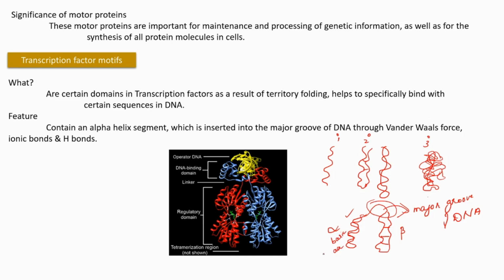Basic amino acids means positively charged amino acids. As it is positively charged, it can bond very tightly with the negatively charged phosphate of DNA. Clear? That's the main point regarding motifs. So the features: it contains an alpha helix segment and can insert into the major groove of DNA because of different types of forces like van der Waals forces, ionic bonds and hydrogen bonds.